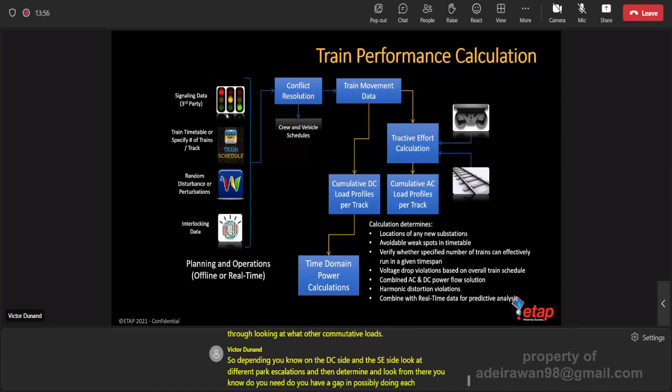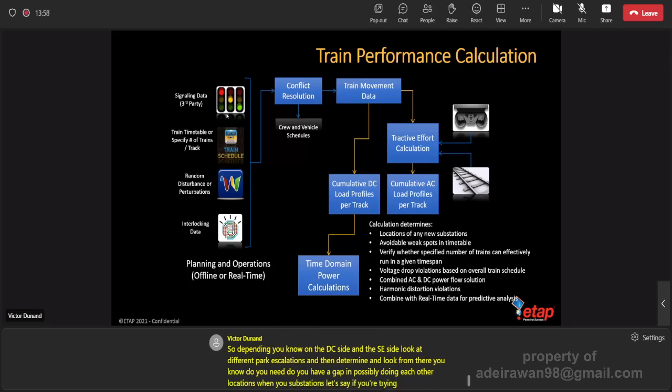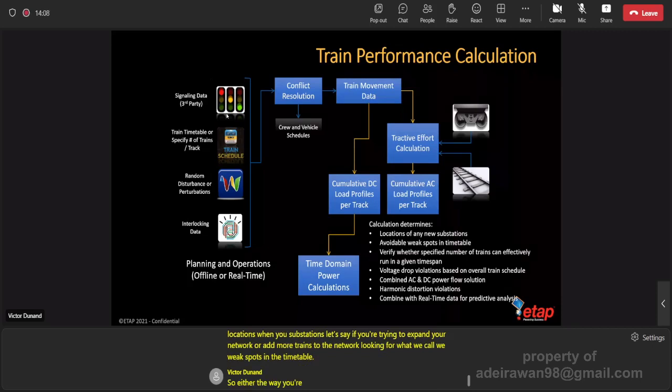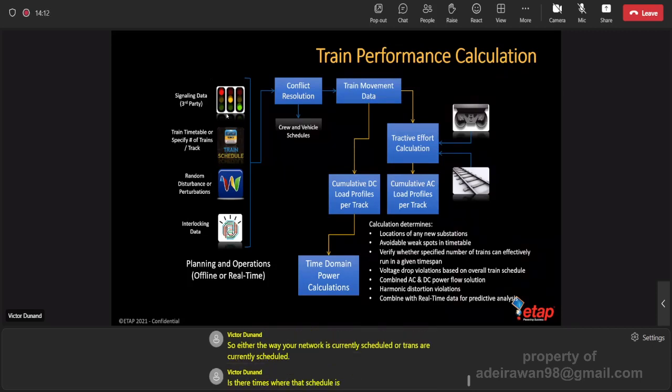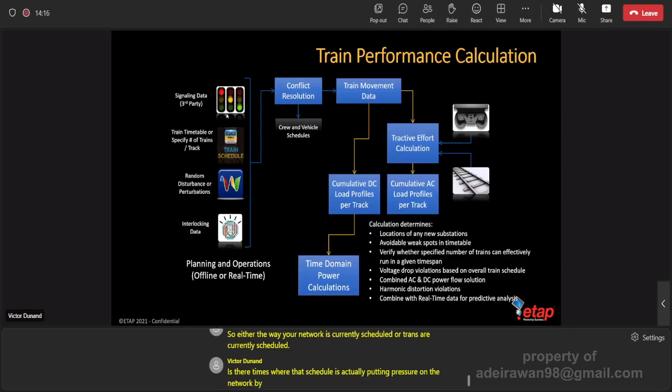Do you need locations for new substations, let's say if you're trying to expand your network or add more trains to the network? We also look for what we call weak spots in the timetable. So either the way your network is currently scheduled or your trains are currently scheduled, are there times where that schedule is actually putting pressure on the network by trying to draw too much power, so dropping voltages, etc.